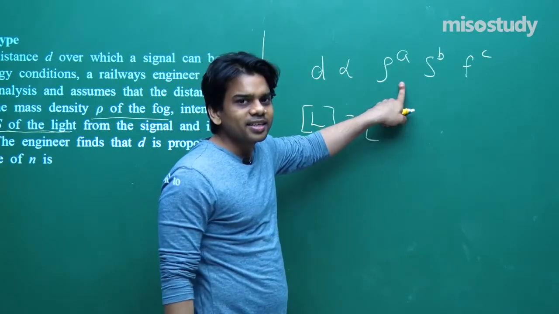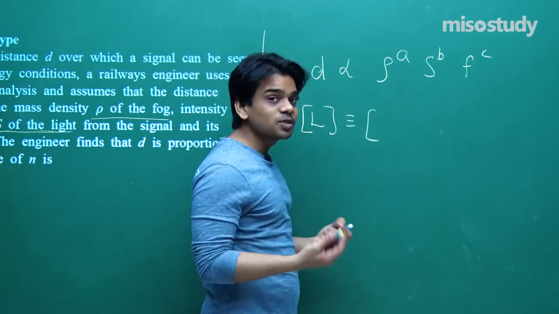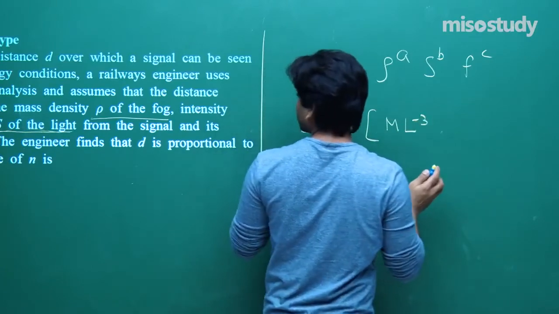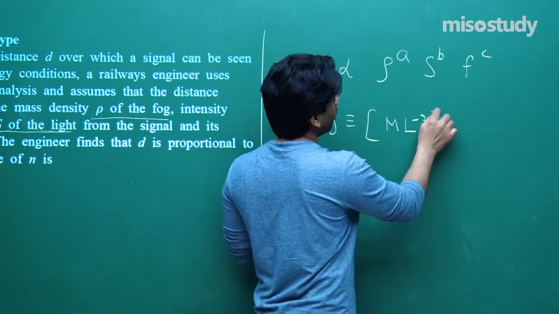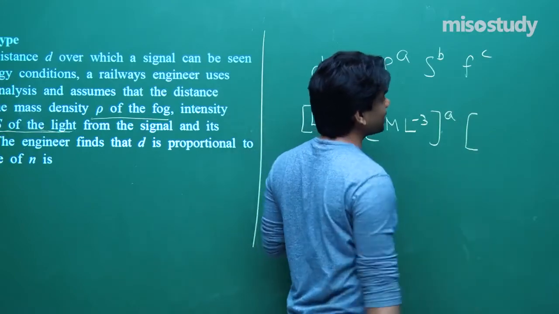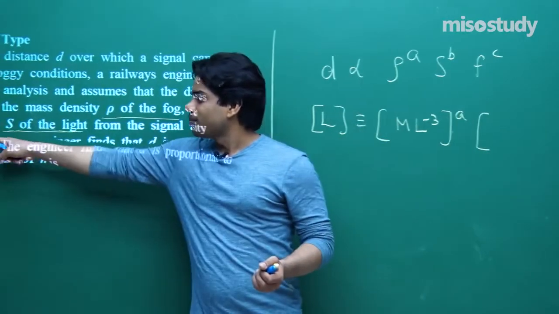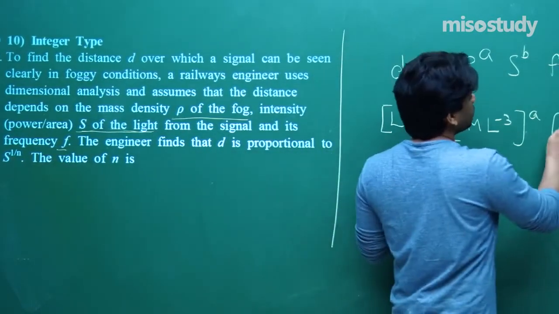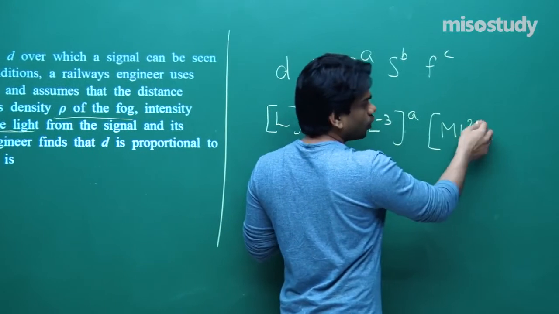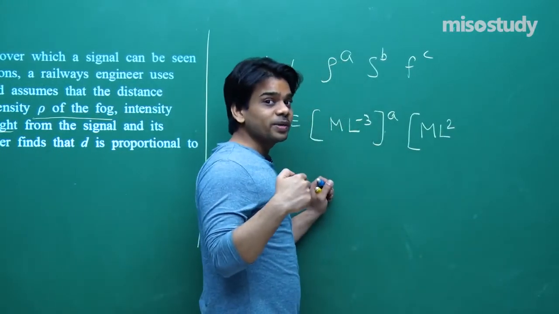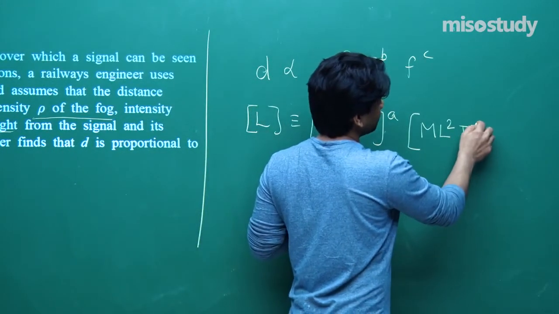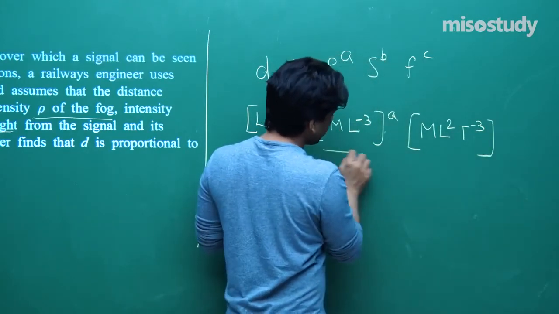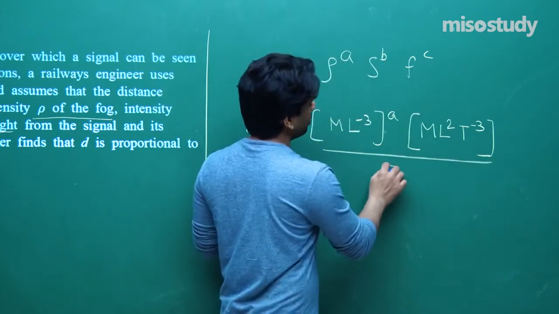Rho power a, the density, is mass per unit volume, so M L power minus 3, power a. Intensity is power per unit area. What is power? Power is work done per unit time, so this will be M L2 T power minus 2 divided by T, giving T power minus 3. This is for power. Then per unit area, I will use the denominator L square.